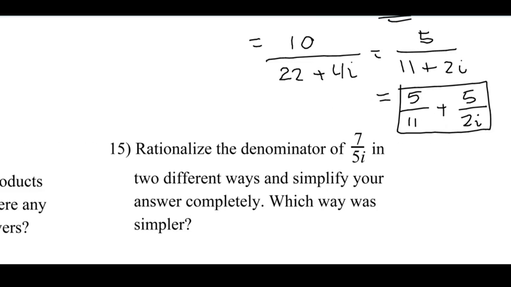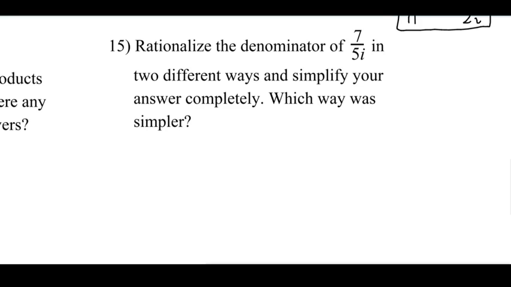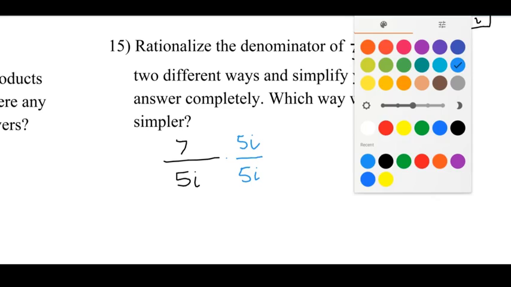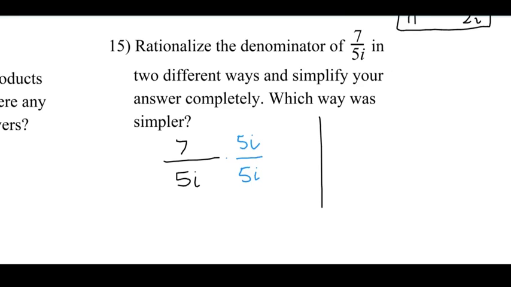Let's just take a look right here in this last one just to mention what's going on. So if we rationalize the denominator, just to quickly talk about the two options, you can always multiply when you have a square root, and technically i is a square root. You can always multiply by the same denominator and it will rationalize. So technically I could say 5i over itself. But the other option and the faster one is to just recognize that you're trying to get rid of the radical on bottom, which i represents.